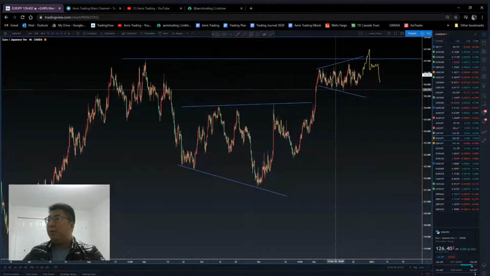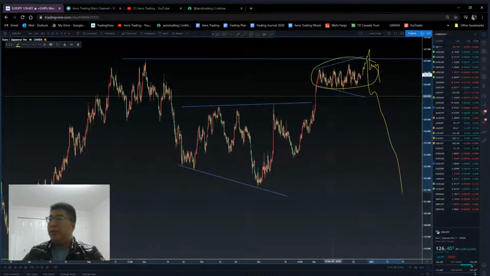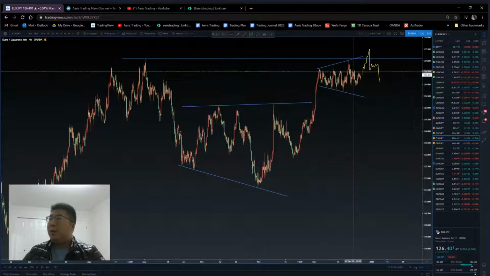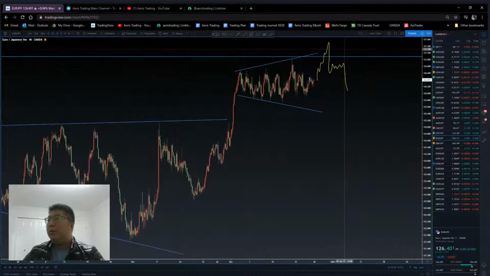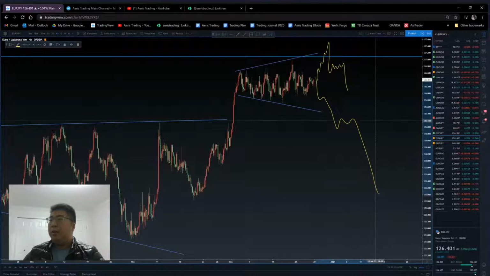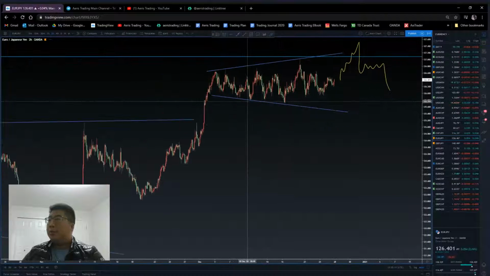But as you correct and correct more, I'm seeing this can be that expanding reversal structure, and we can potentially push down from this afterwards. So I'm happy to see what will happen in the upcoming days or week. Are we going to get this kind of move, or are we just going to trickle down and push down like this moving forward? That's what I see on this one.